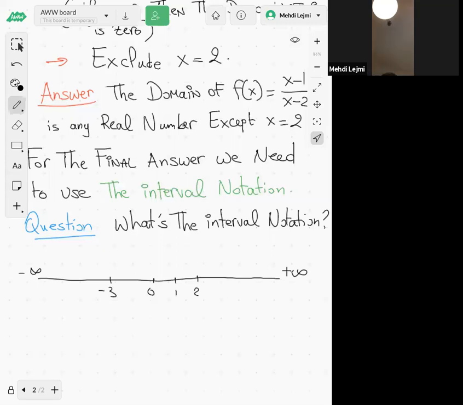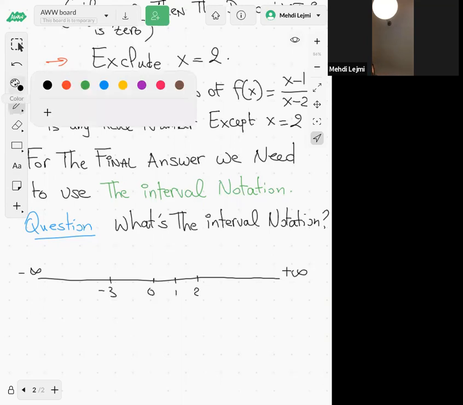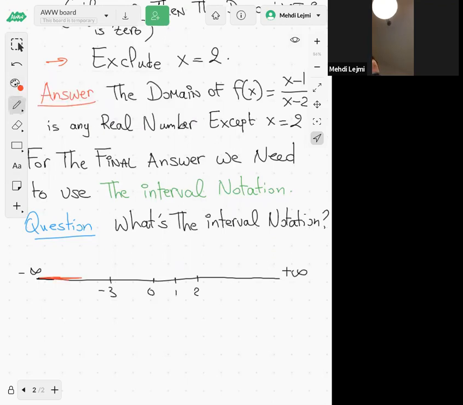That's correct. What I'm saying here is that my x can be any real number except the +2. So my domain on this number line could be any number.